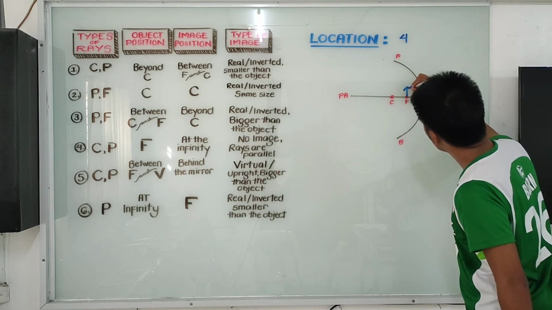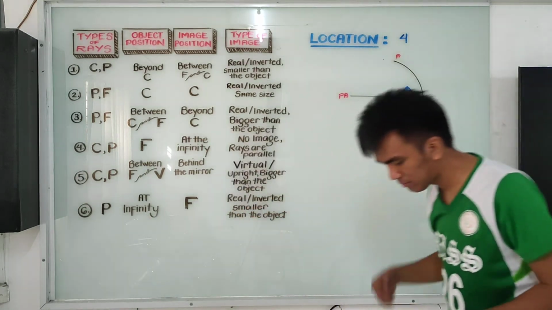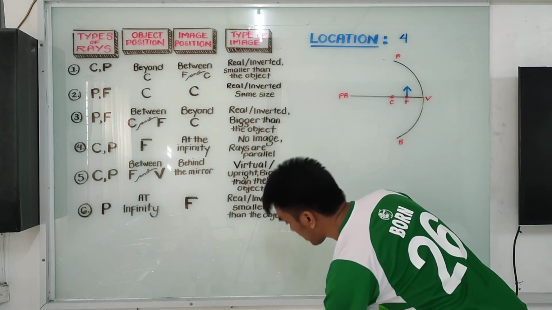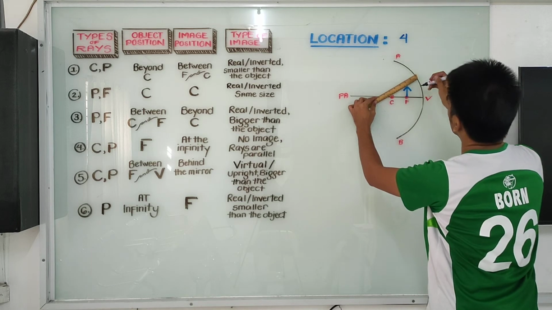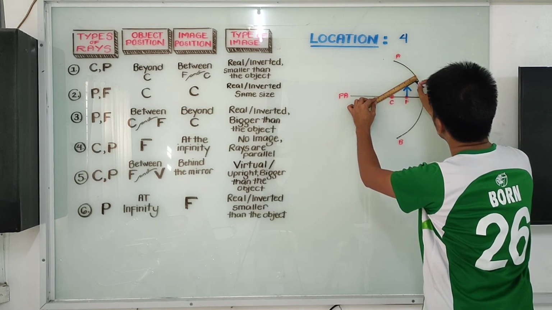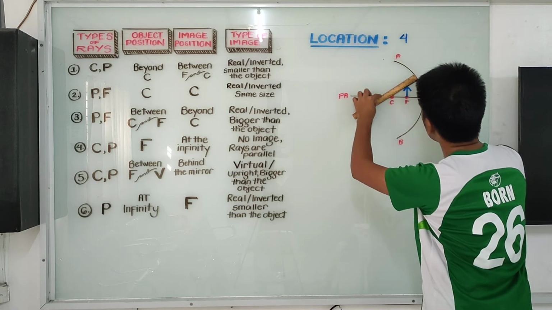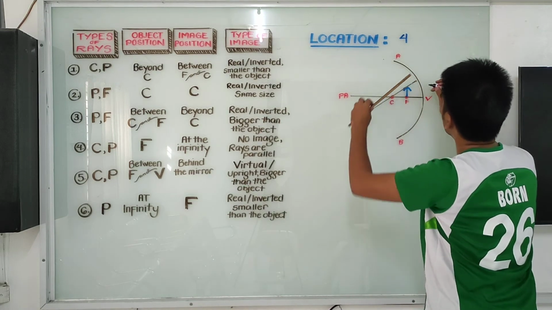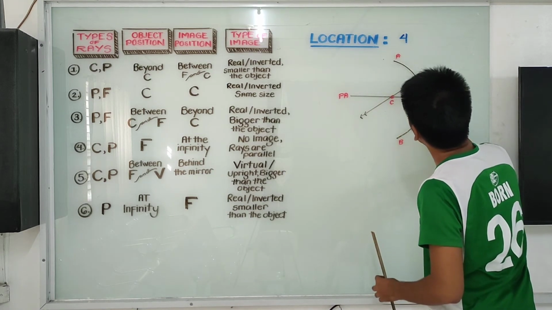So another arrow. And this time around, we are going to use chief ray and principal ray. So let's take a look. If it's chief ray, just like what I mentioned earlier, it will always bounce back through the center of curvature.